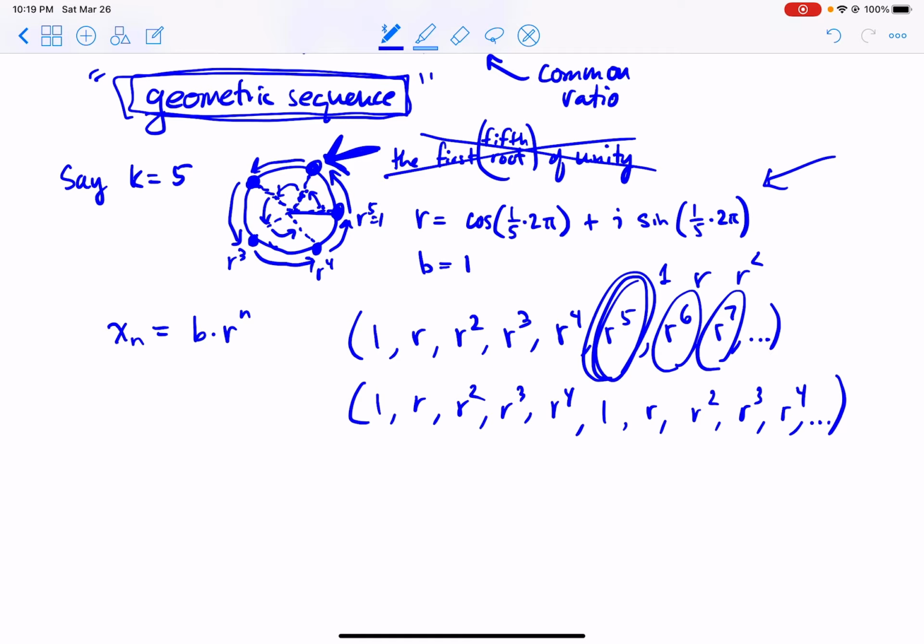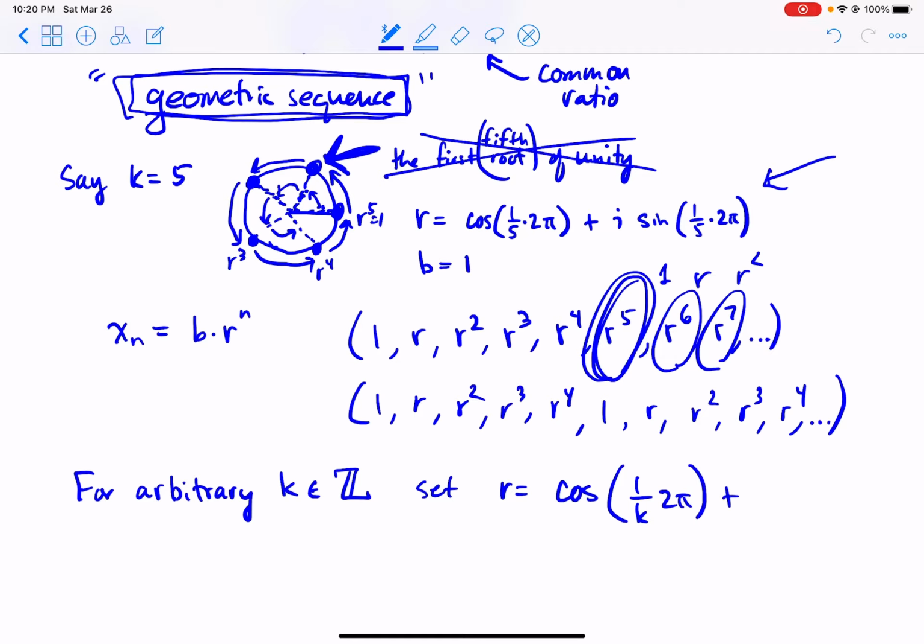Okay, so in general, for arbitrary k in the integers, set r equal to cosine of 1/k of the way around a circle plus i sine of 1/k of the way around a circle.